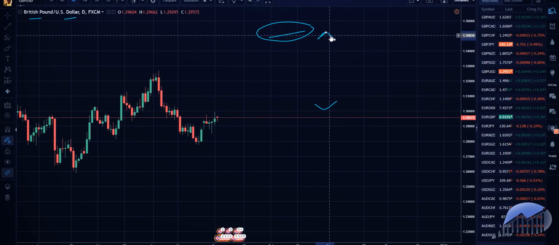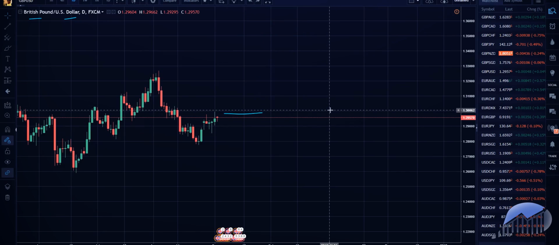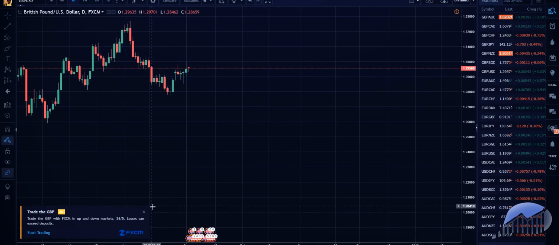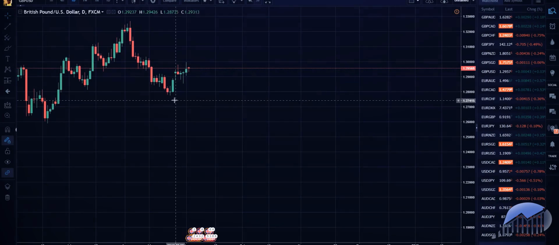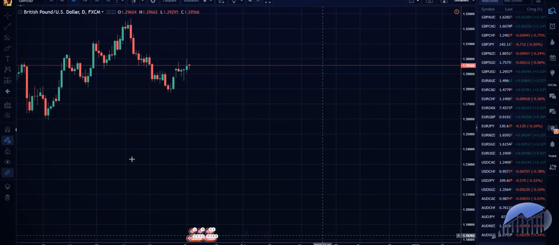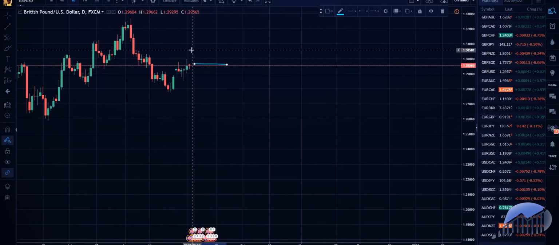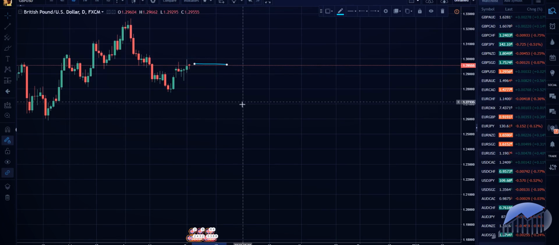What you're essentially doing is buying low, selling high. Say British pound, US dollar, I want to sell this. I think I want to go short as I'm expecting the value of this to drop. I sell it at this point. When I sell the currency pair, I am in fact selling the British pound and buying the US dollar.